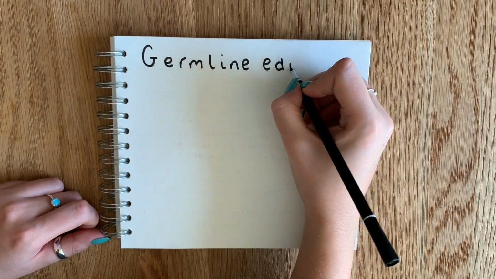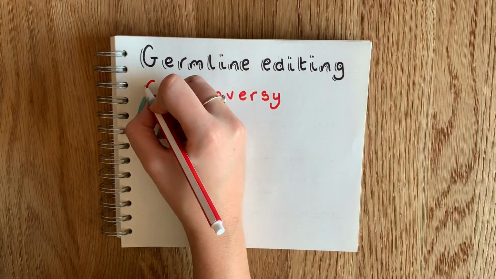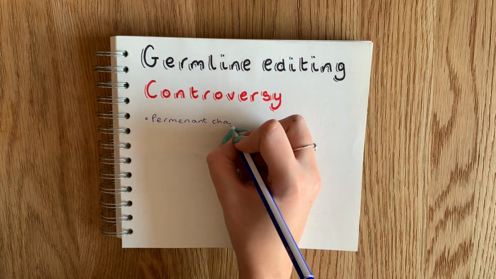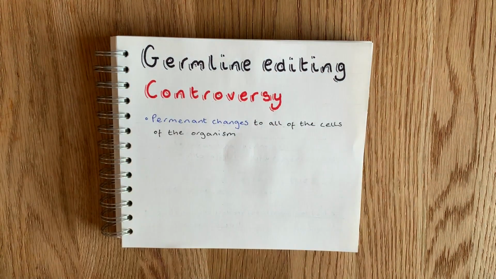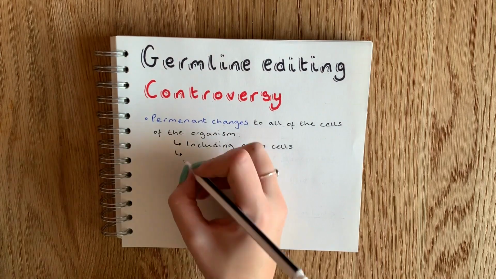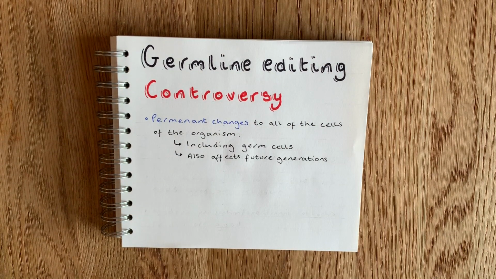Okay, so the reason why germline editing like this is so controversial is because the changes that have been introduced will actually be permanent in all of the cells that go on to develop the whole organism, or in this case, that went on to develop the twin babies. So this means that the changes will also be present in their germ cells, meaning that they will also pass this change on to any future generations, which is a bit scary.